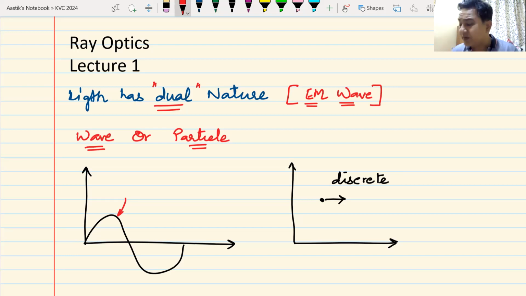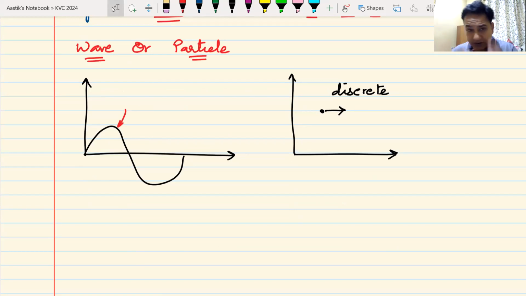What are the different phenomena that we have to study in this chapter? Can anyone tell me? Anyone has any idea? Class 1, class 2?